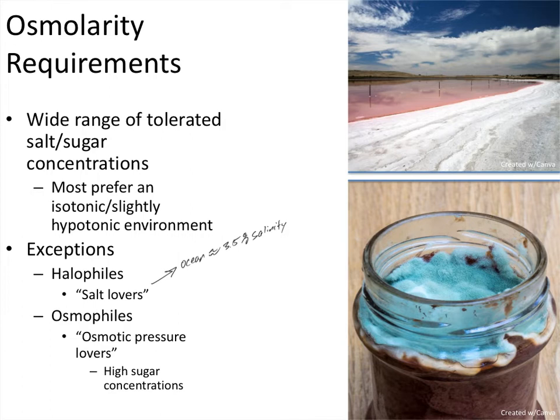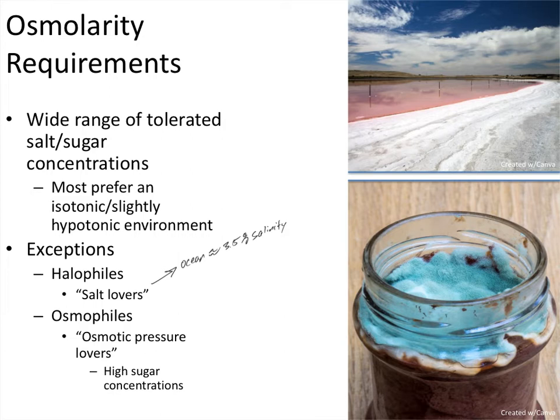But overall, on average, the ocean has a salinity of about 3.5%. And most people consider halophiles those organisms that have to live at concentrations above that. So these types of organisms can't even necessarily live in the ocean because it's not salty enough.